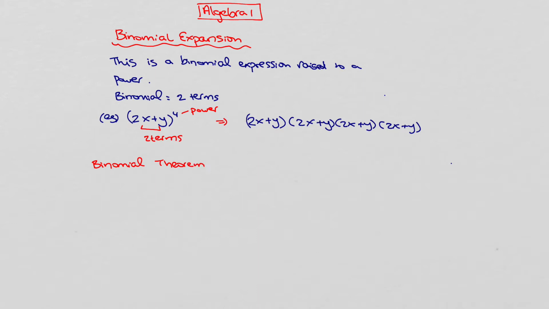And we don't need to know this off by heart, because the binomial theorem is on page 20 in our maths tables. So the binomial theorem is where we have two terms, x plus y, raised to the power of n.